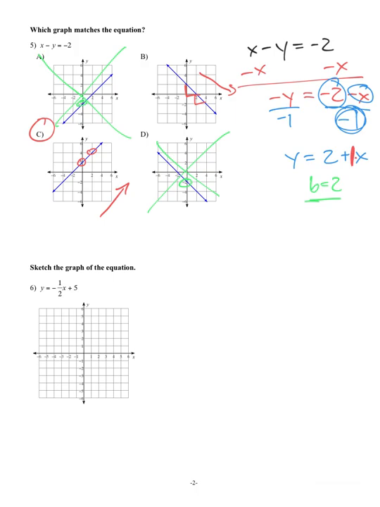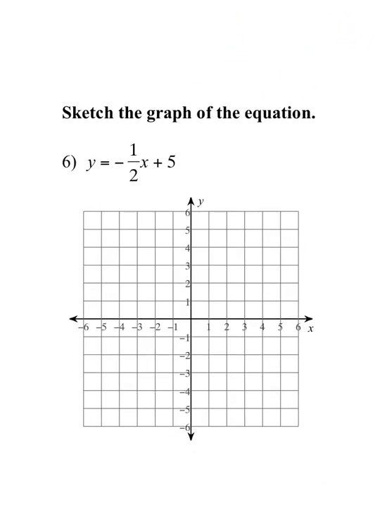This one just says sketch the graph of the equation, and so I need to start with the y-intercept. It says the y-intercept here is 5. So my y-intercept is 5, so I can put a dot there. And then it says the slope is -1/2. And so that says I can count down 1 over 2, down 1 over 2, down 1 over 2.